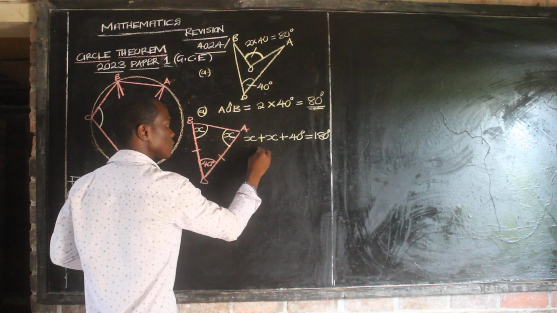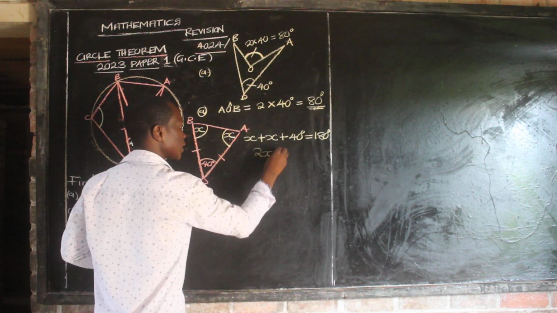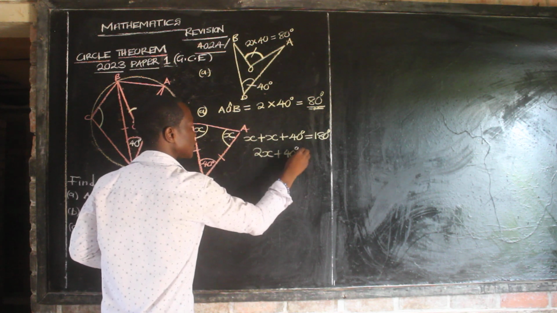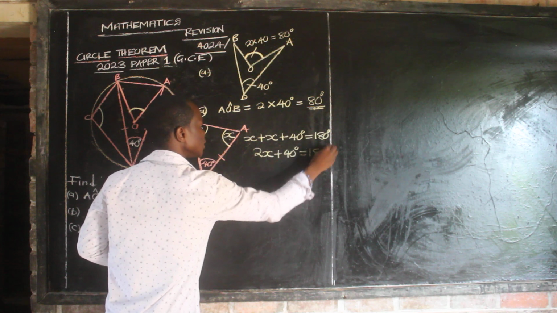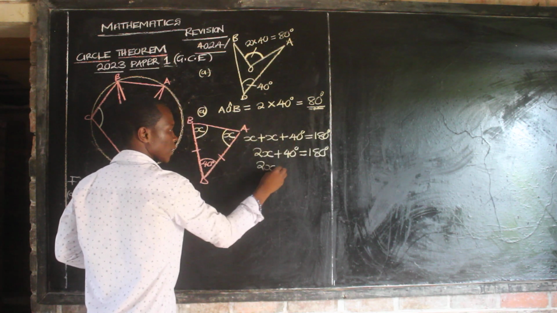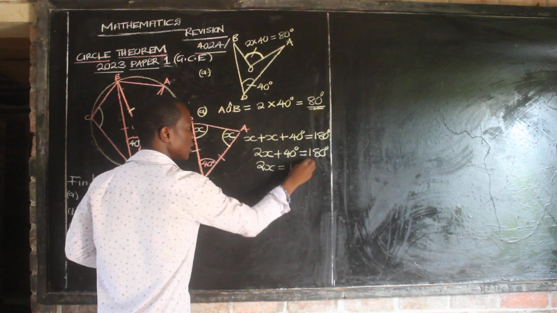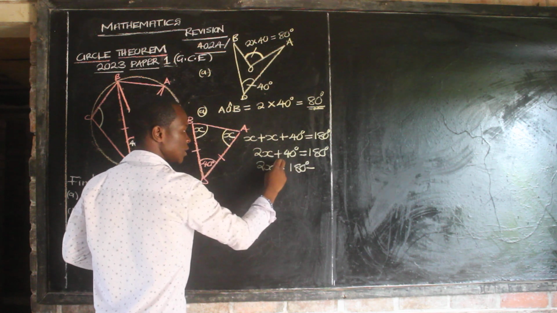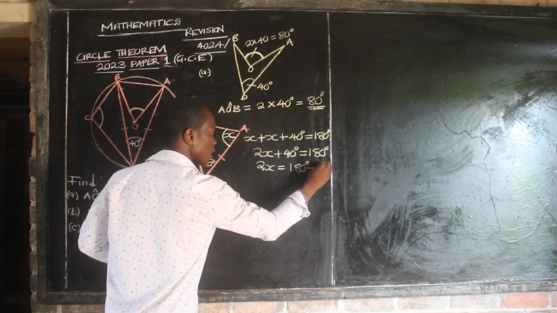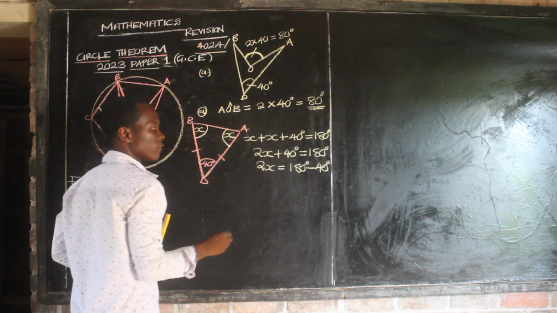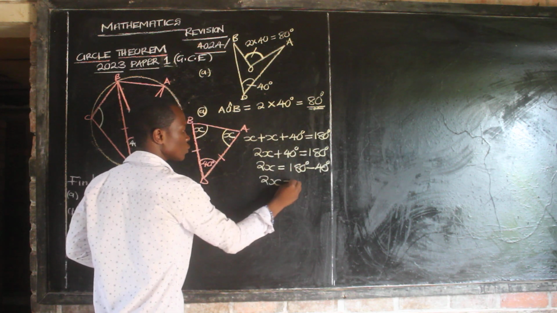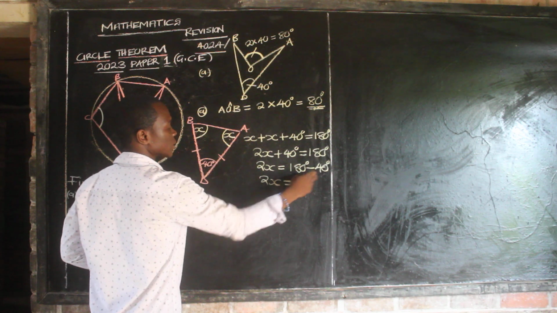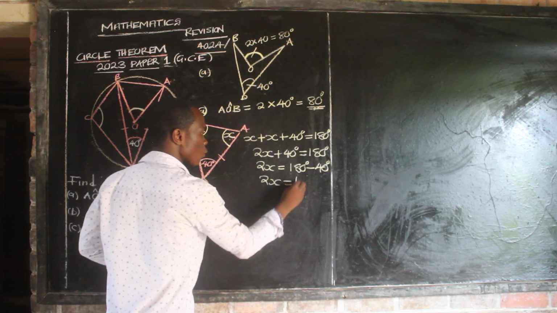So x plus x, you get 2x plus 40 degrees is equal to 180 degrees. So 2x is equal to 180 minus 40, you get 140.